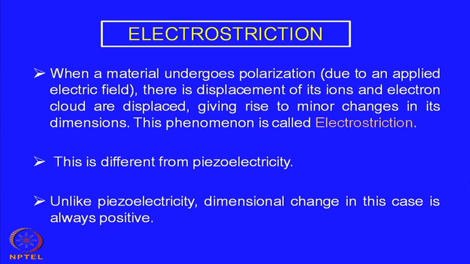Okay. And this electrostrictive property is quite predominant in relaxor ferroelectrics like lead magnesium niobate kind of materials. And in fact, although it is a little different from piezoelectricity, this property can also be made use of in some cases. So, this is different from piezoelectricity, and it is also not a reversible process.